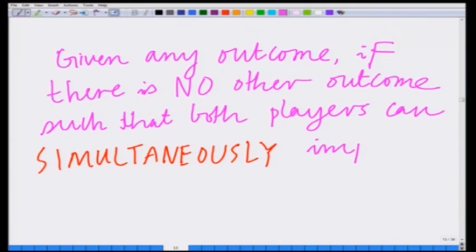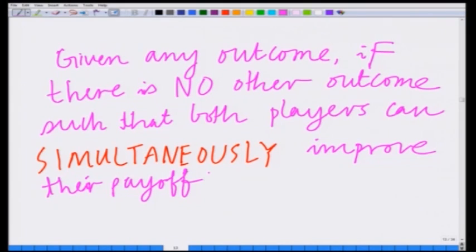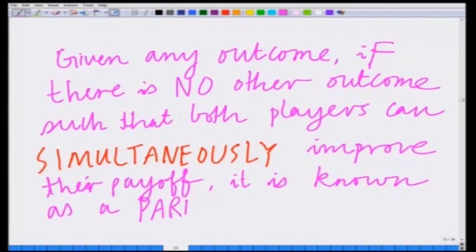Else it is not a Pareto optimal outcome.